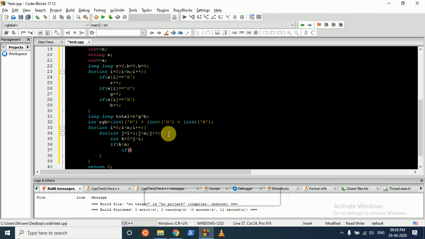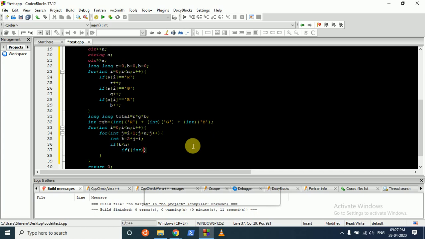Okay, so now we want to check whether this triplet with I equal to this, j equal to this and k equal to this exists to be RGB. So we can either check like s of I is not equal to s of j, s of j is not equal to s of k, s of k is not equal to s of I. That can also be done, but a simple way is we have stored all the values of RGB in the numerical form, because if all RGB are present, its sum is also the same.